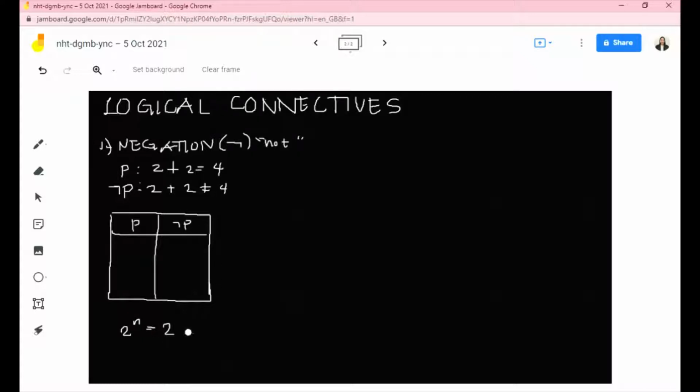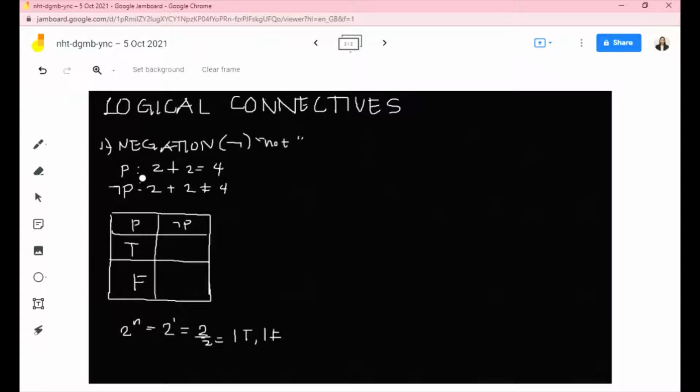In this particular example, we have one variable only, so that's 2 raised to 1, or simply 2. That means we will be making 2 rows. So for the 2 rows, we divide this into halves. We start with 1 true followed by 1 false. This will be your pattern: true and false.